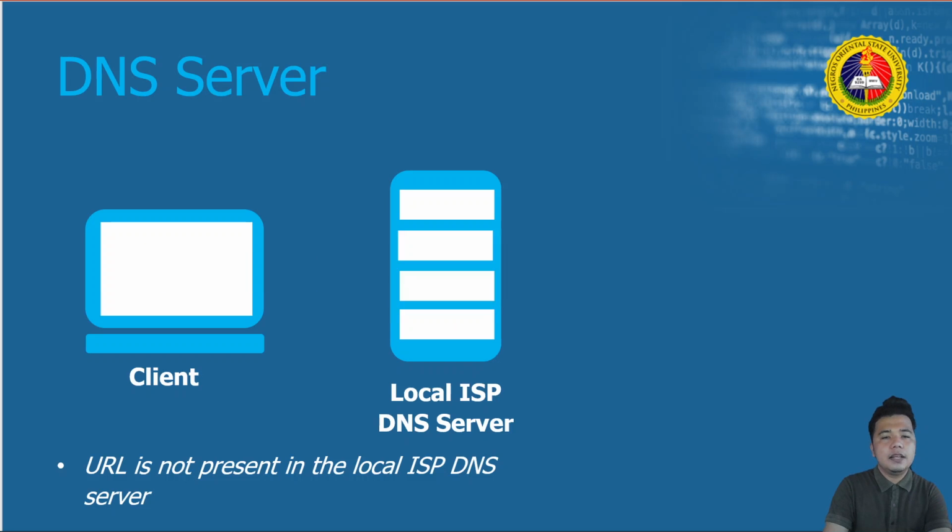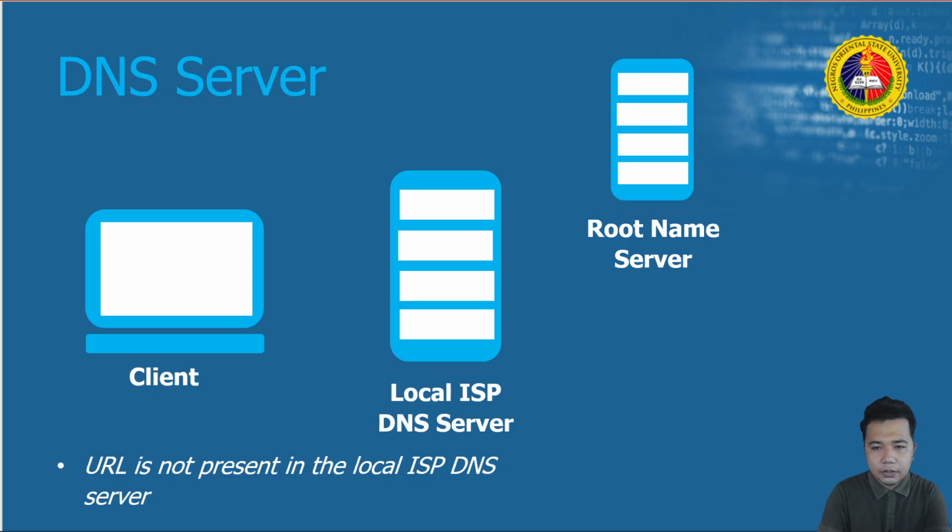okay, there is this group of servers called root name servers. This guy knows everything since it covers all the registered and hosted websites around the globe. The URL will be sent there instead to find the domain name of the website. When we say domain name, for example facebook.com, Facebook is the domain name.